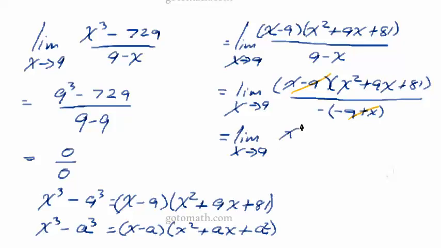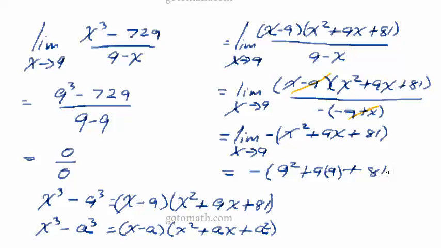We're left with x squared plus 9x plus 81. Now we have this minus here, and that's okay. We'll just bring it up to the top and throw it out in front. Now we can finally do our direct substitution: 9 squared plus 9 times 9, and then plus 81.